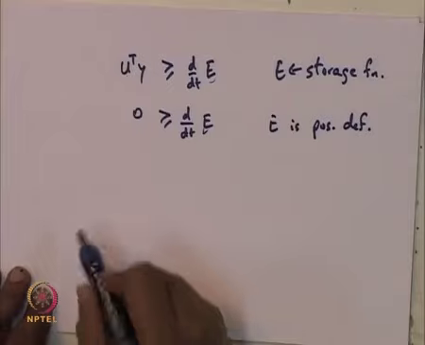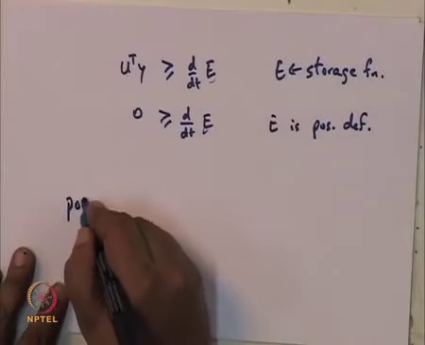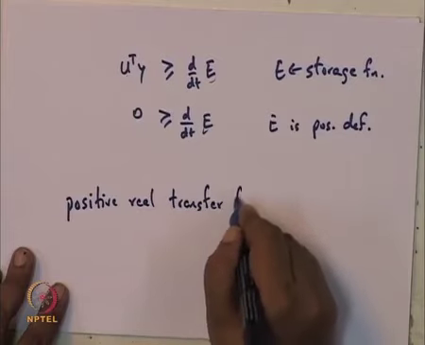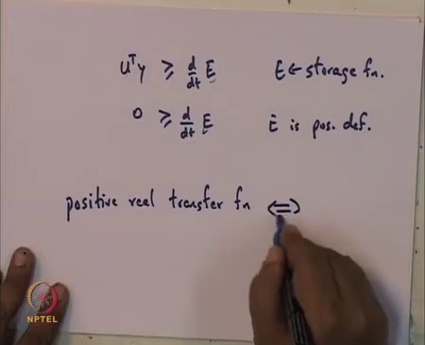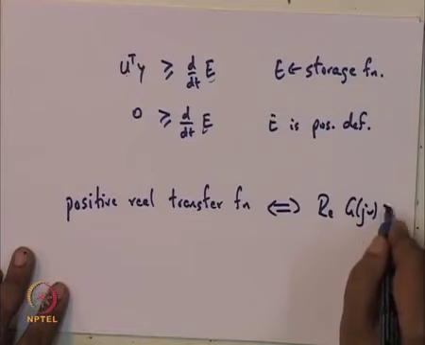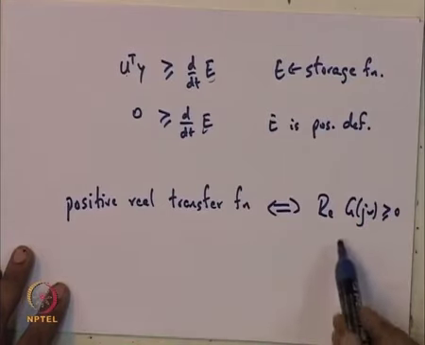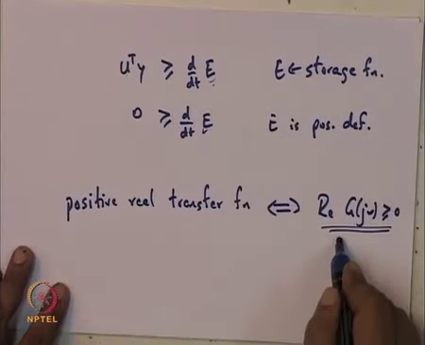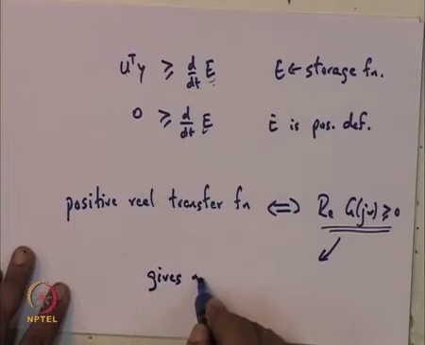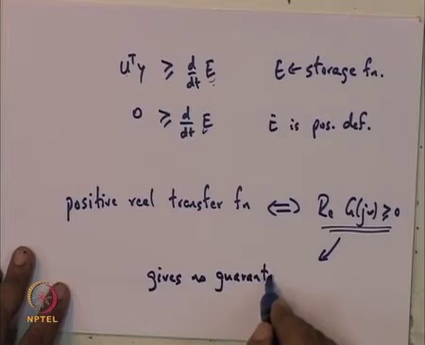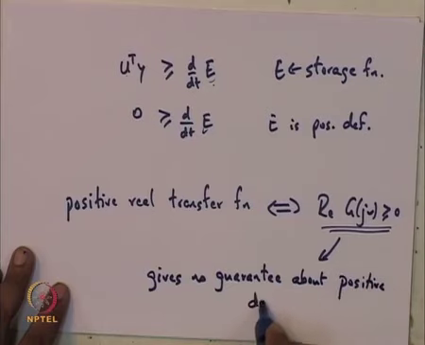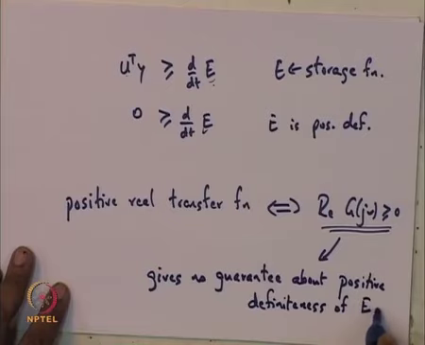Now, when we use the definition of positive real transfer function to be equivalent to the real part of G(j omega) greater than or equal to 0, then this condition alone gives us no guarantee about the positive definiteness of E. Okay.